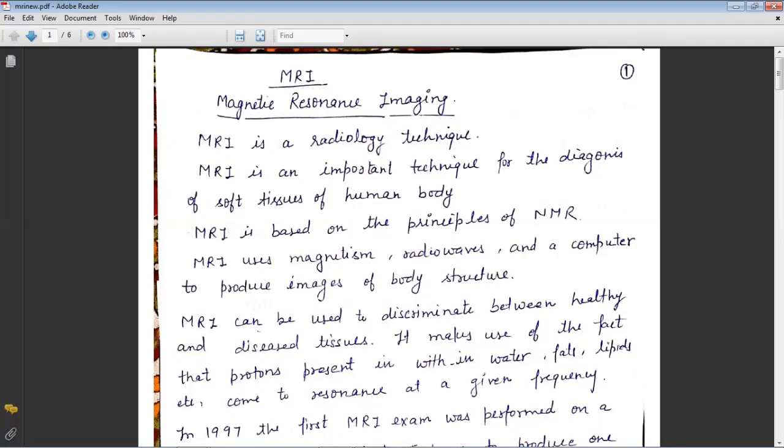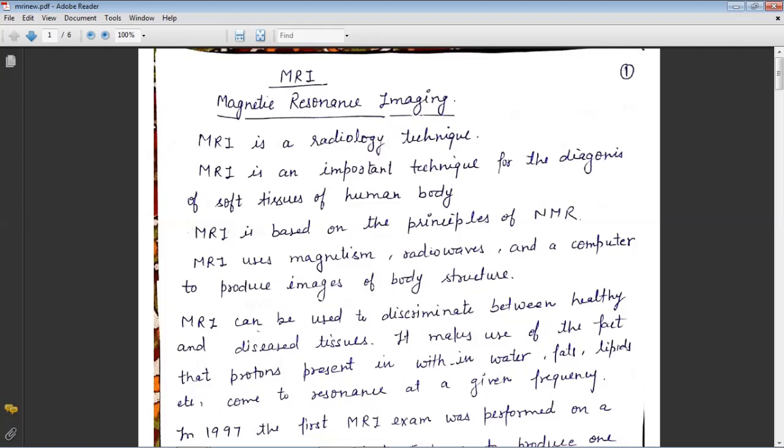We all know the word MRI, magnetic resonance imaging. Magnetic resonance imaging is a radiology technique.